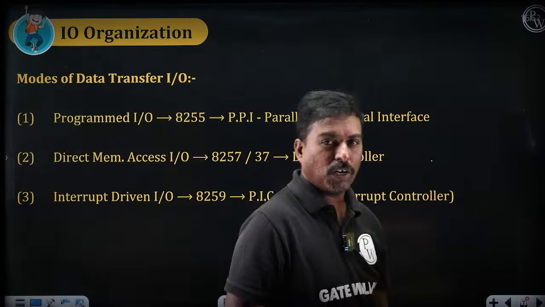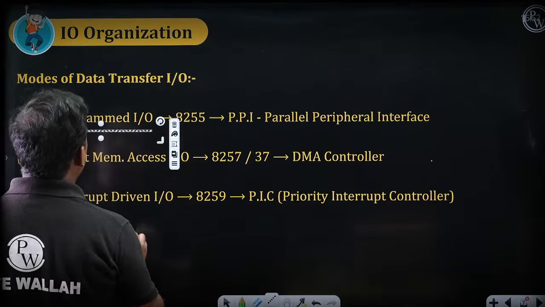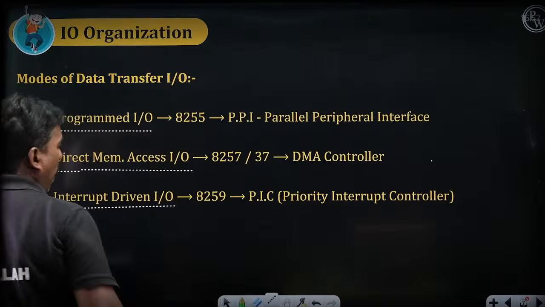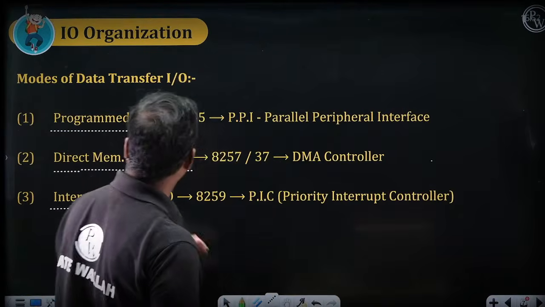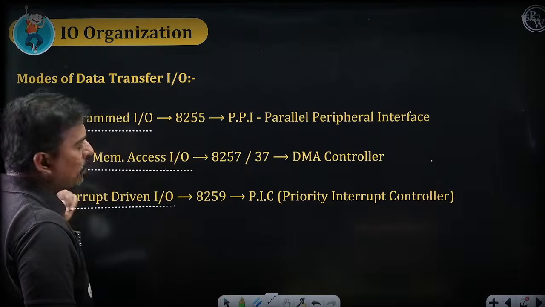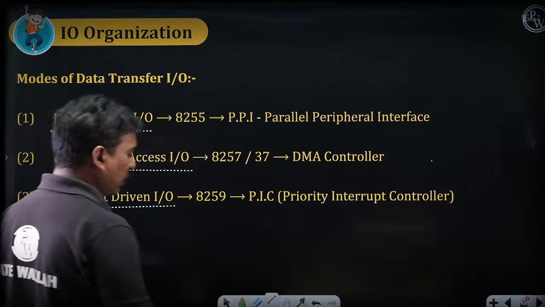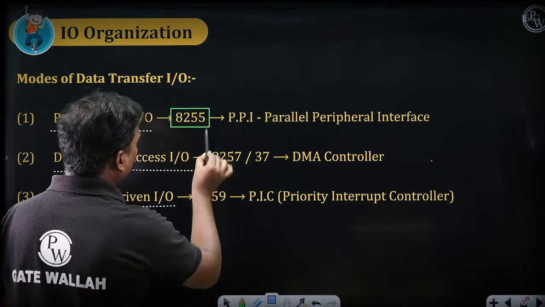The different types of IO organization in computer systems are programmed IO, direct memory access based IO, and interrupt driven IO. In a microprocessor based system, programmed IO is supported by the peripheral 8255, which is the PPI, Parallel Peripheral Interface.